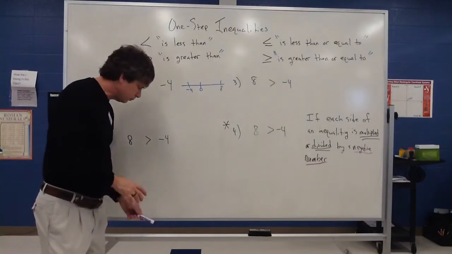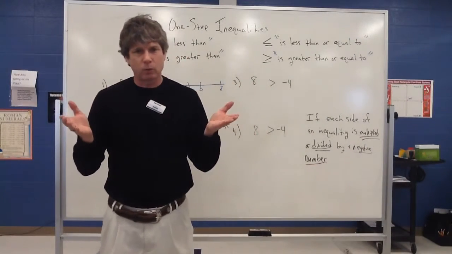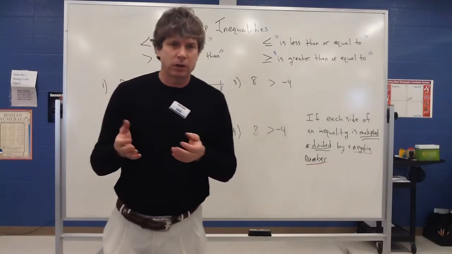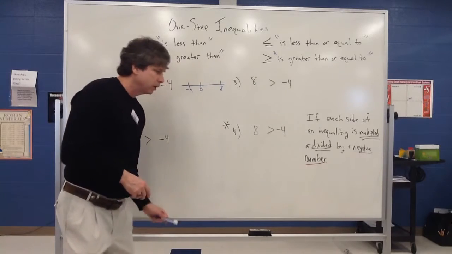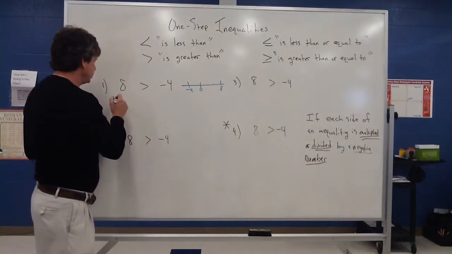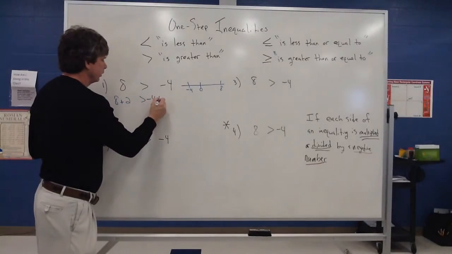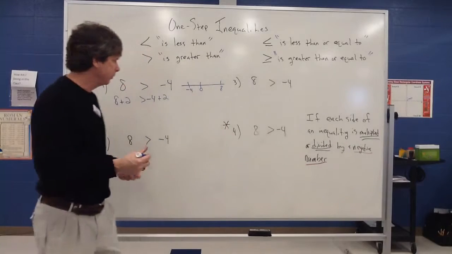Now, with the equations, remember to keep that equation balanced, we were allowed to do the same thing on each side of the equation. Well, inequalities have some of these characteristics as well. Notice that, for instance, if I change this to 8 plus 2 is greater than negative 4 plus 2, in other words, if I add the same number to each side, let's see what happens here.